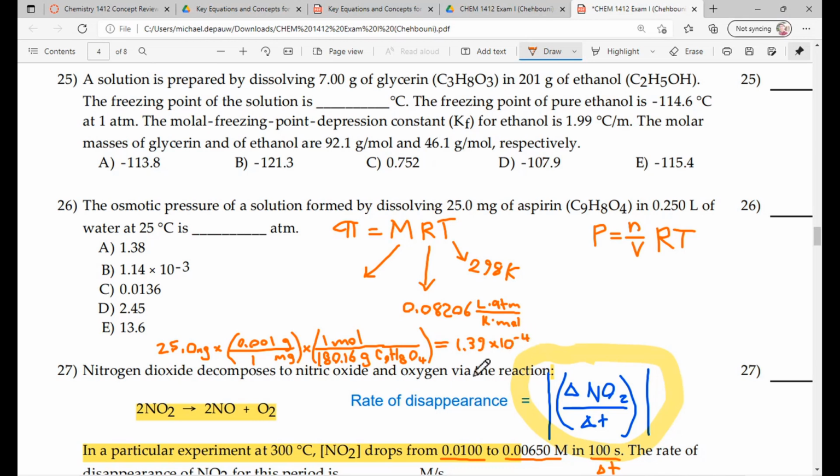So we can simply take that moles of aspirin divided by the liters, 0.250, and then multiply it by R and T. If we do so, what do we get? Okay, I will trust you.